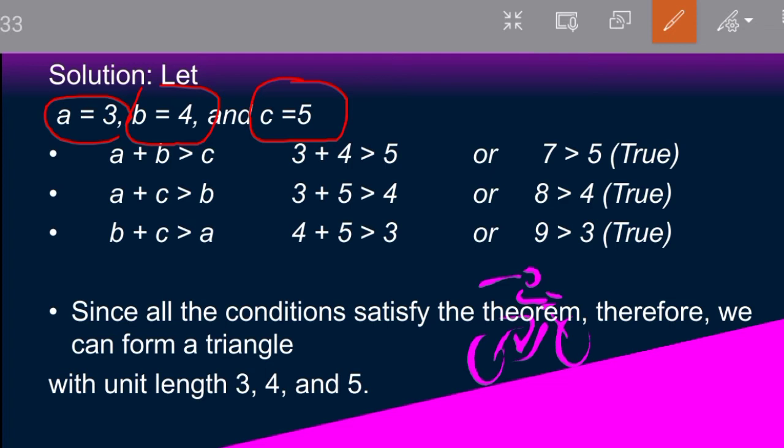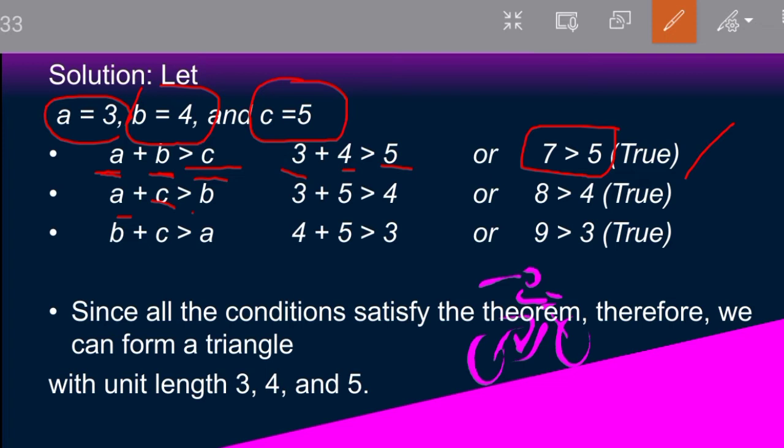In the formula, A plus B is greater than C. We substitute the values: A is 3 plus B is 4, and C is 5. So 3 plus 4 equals 7, which is greater than 5, and that is true. Next, A plus C is greater than B.